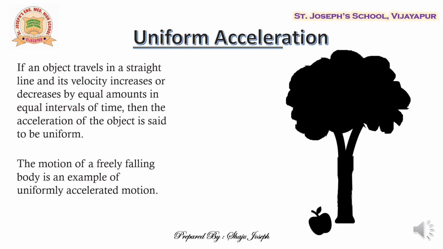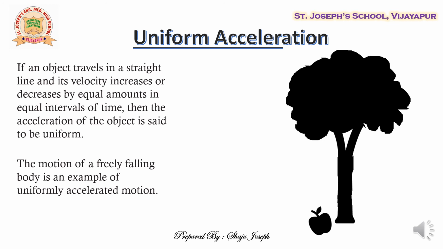So 2 by 2, answer is again 1 meter per second square. So the acceleration remains same in the given intervals of time. Such motion is considered to be having uniform acceleration but not uniform motion. Remember, the velocity is going on changing, but the change is constant, right?